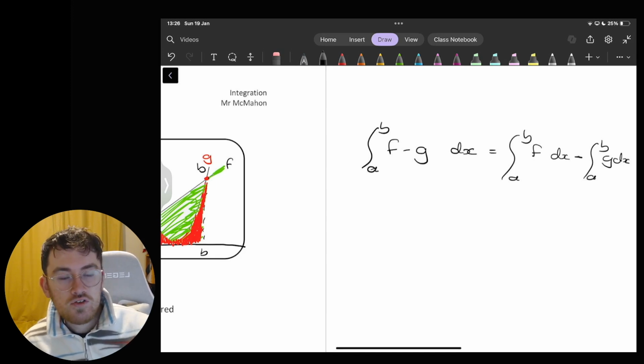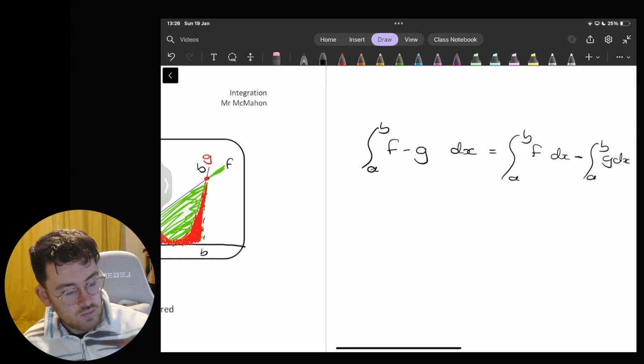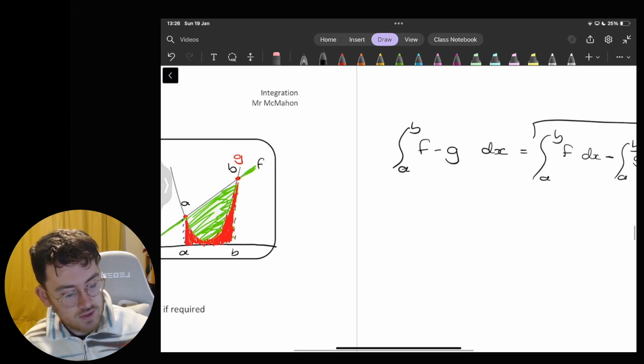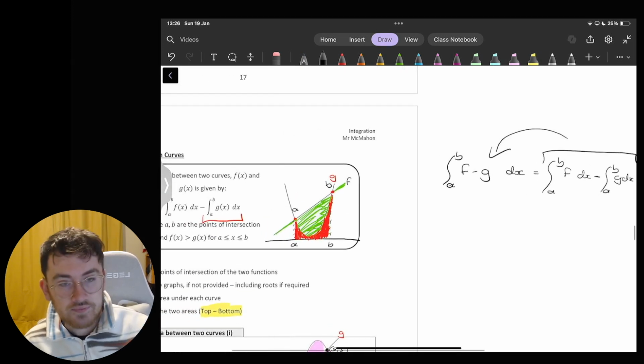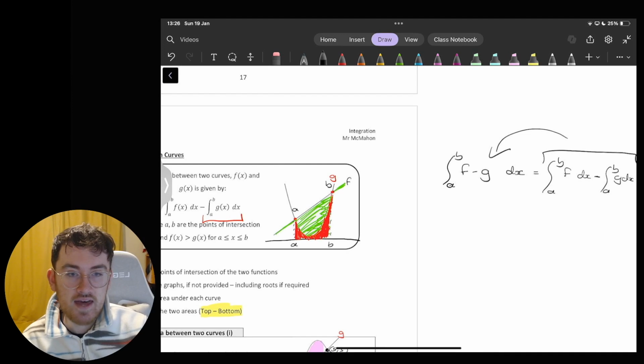So one of the ways that we can approach these questions is to do that in reverse. So take the setup that we have here on the left and rewrite that by bringing the two functions together within this calculation. So subtracting the two functions and integrating them between those two values. Okay.